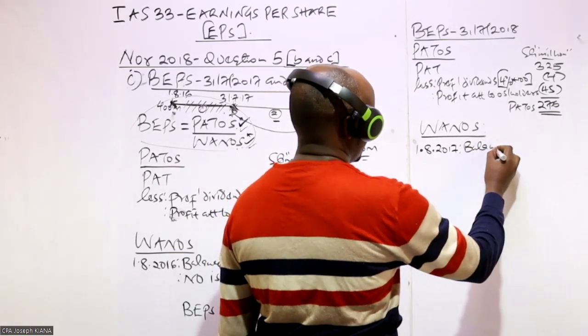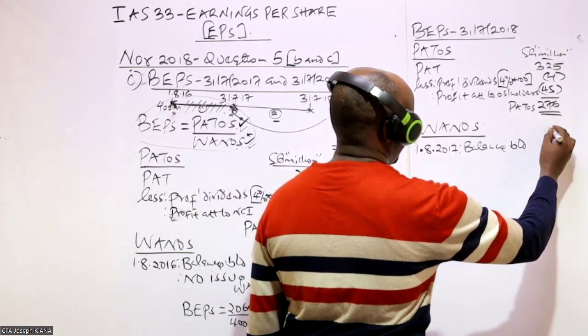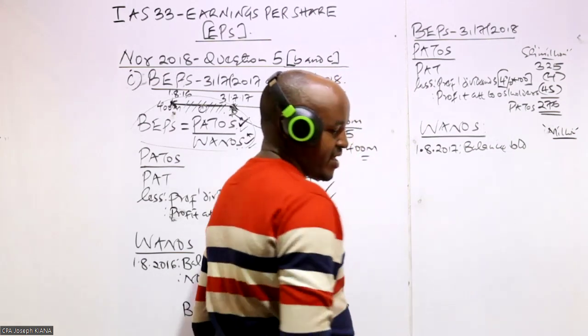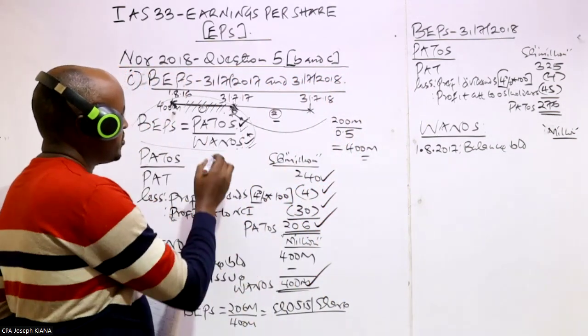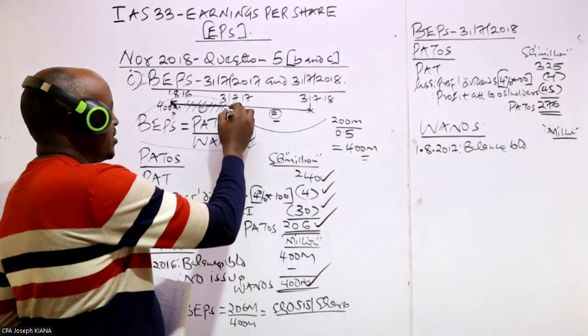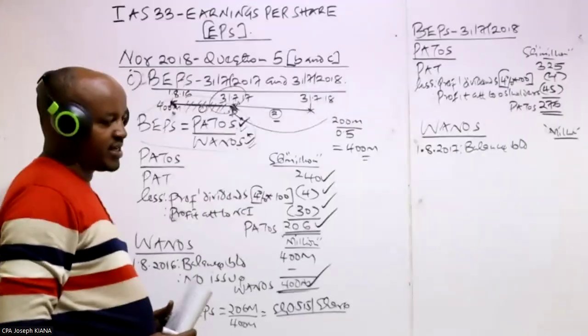What we always start with are the shares issued and fully paid at the start of the year. The shares issued and fully paid at the end of the first year will be the shares issued and fully paid at the start of the second year.